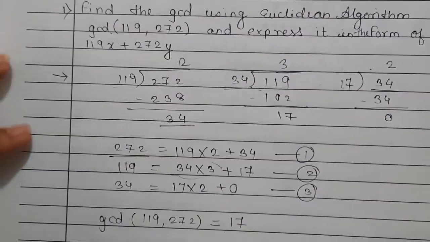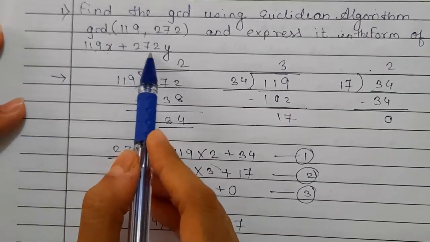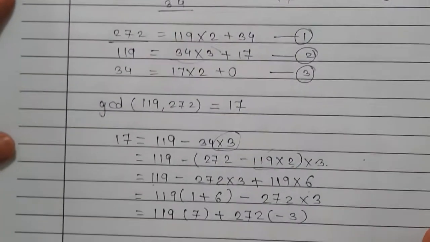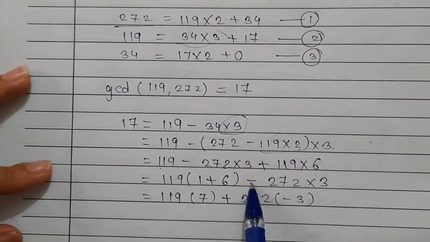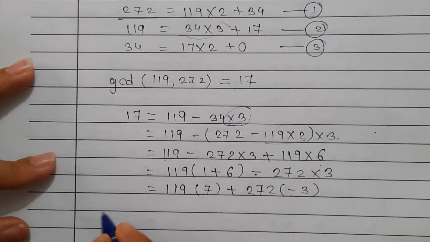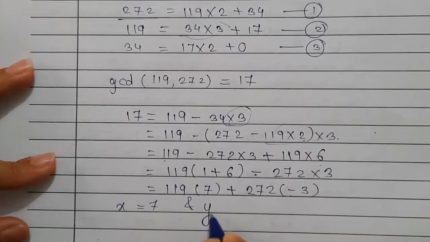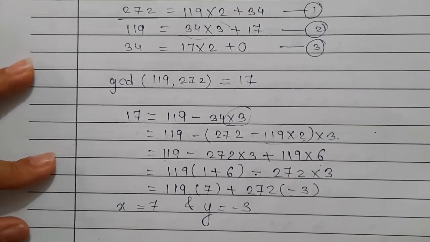We have to write it in the form 119x plus 272y, so that's why we take the minus sign inside. So here the value of x is 7 and y is equal to minus 3.